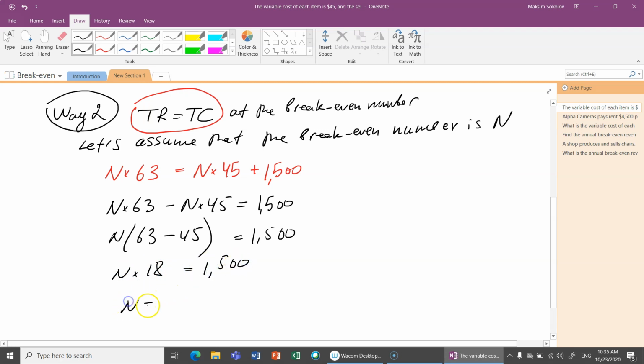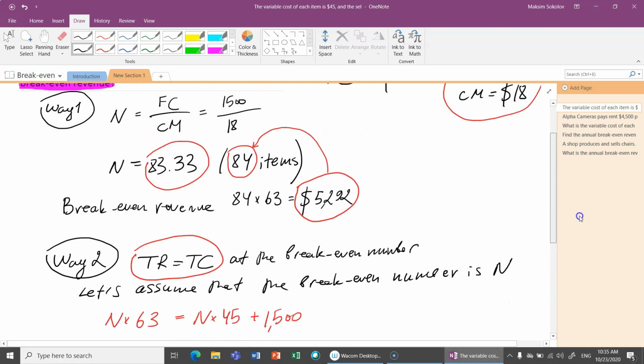From here, you will find n, which is 1,500 divided by 18. And you're back to that original situation, 1500 divided by 18, which will result in 83.33, and we use the same logic to round up to 84, and then we can find break-even revenue as well.